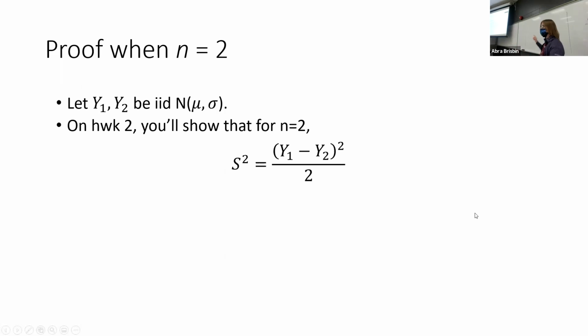All right. Coming up on homework 2, you'll show that when n is 2, then the sample variance S squared is equivalent to (Y1 minus Y2) quantity squared over 2.